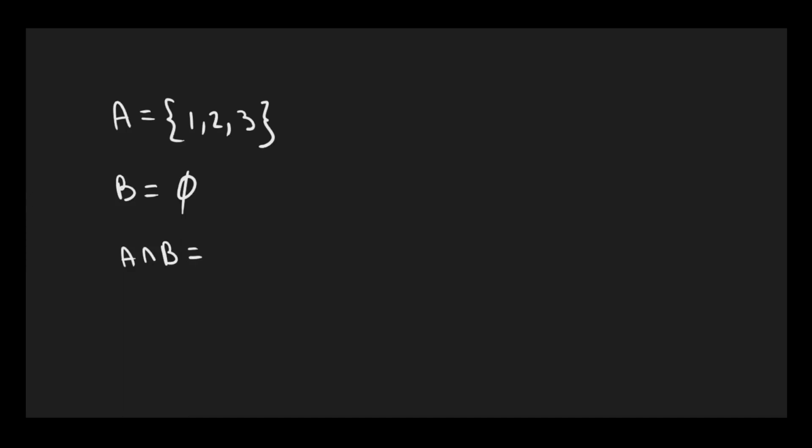No, there is no element in common. Therefore, in this case, A intersection B is still the empty set. So whenever we find an empty set, the intersection between a set and an empty set is always going to be the empty set.